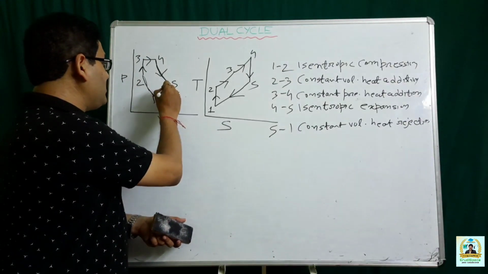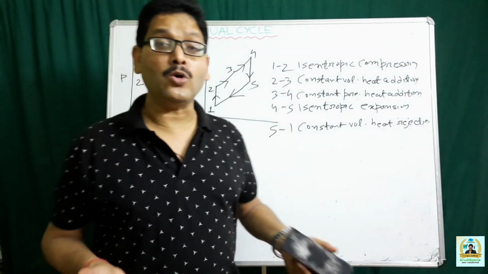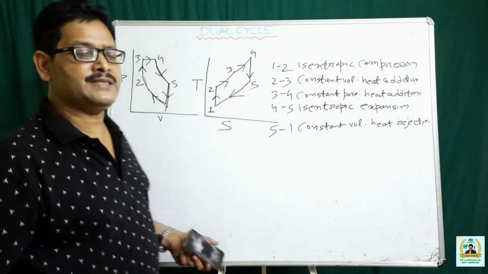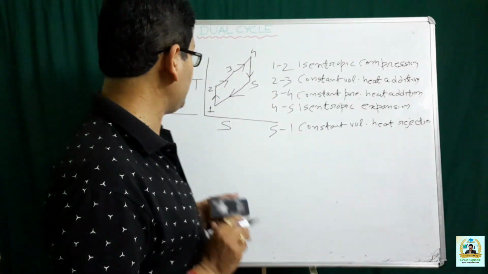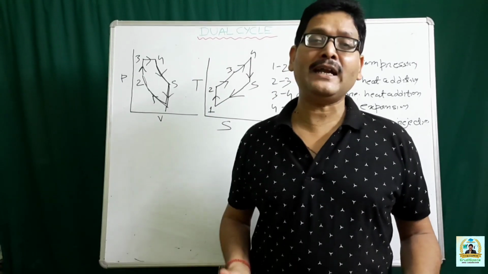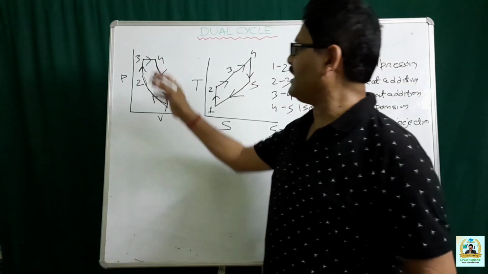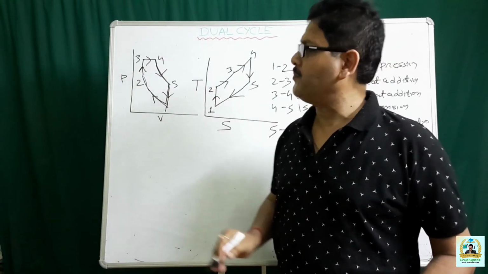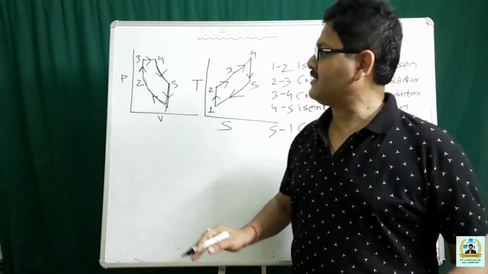You have a constant volume heat rejection process which is also happening in your Otto and diesel cycle. So 3 of the processes are exactly the same as in the Otto cycle and diesel cycle, but here the heat addition is taking place both at constant volume as well as constant pressure. In an Otto cycle, the heat addition takes place at constant volume, whereas in a diesel cycle, the heat addition takes place at constant pressure.